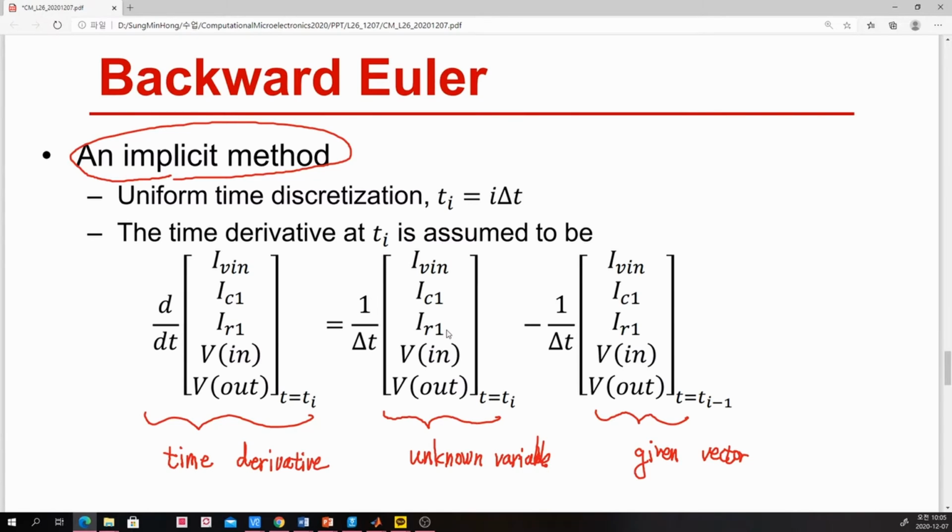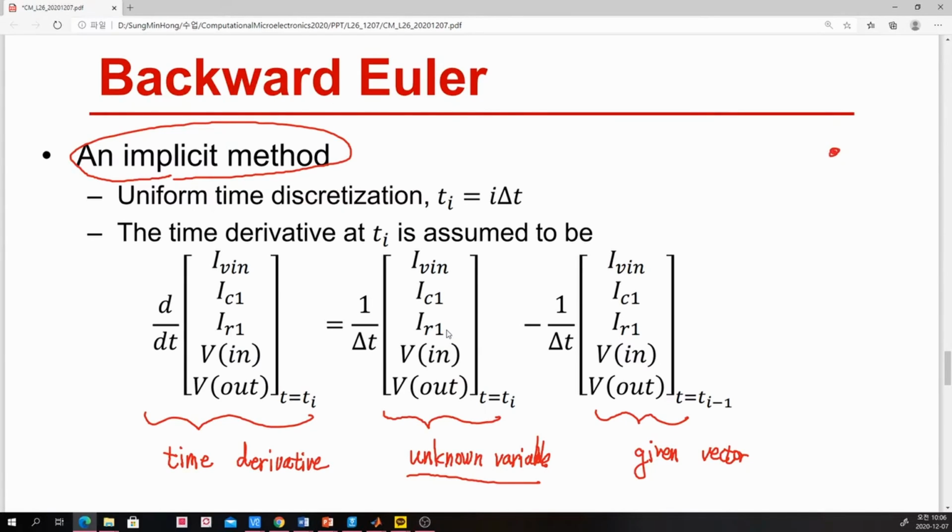Of course, this given vector is not any arbitrary vector. This given vector contains the previous value of our unknown variables. Although this time derivative is a derivative with respect to time, it is still a derivative. So how can we discretize derivatives?